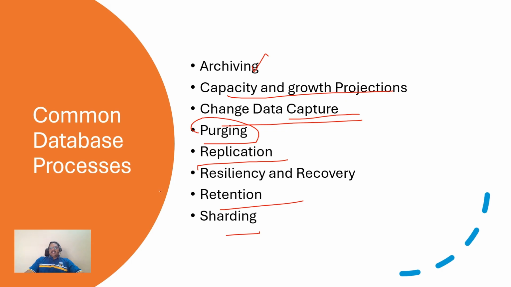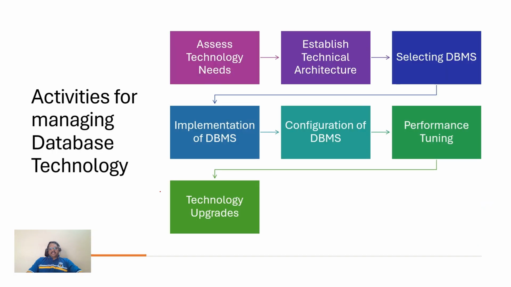Okay. So moving on, we have some activities for managing database technology. So first is assess technology needs, establish technology architecture, selecting databases, implementing databases, configuring databases, performance tuning, and technology upgrades. I think they are very clear from the terminology itself.